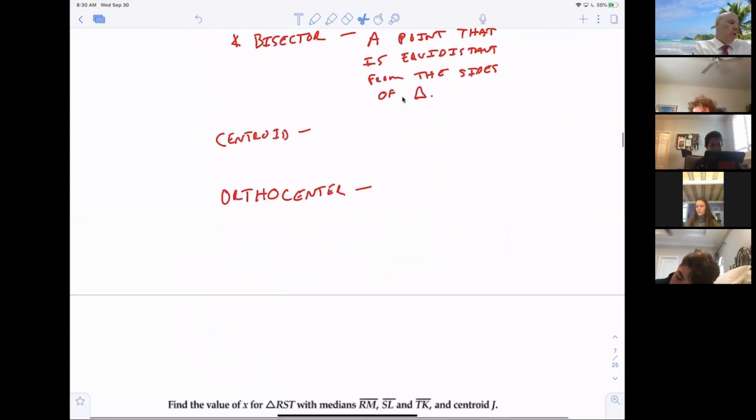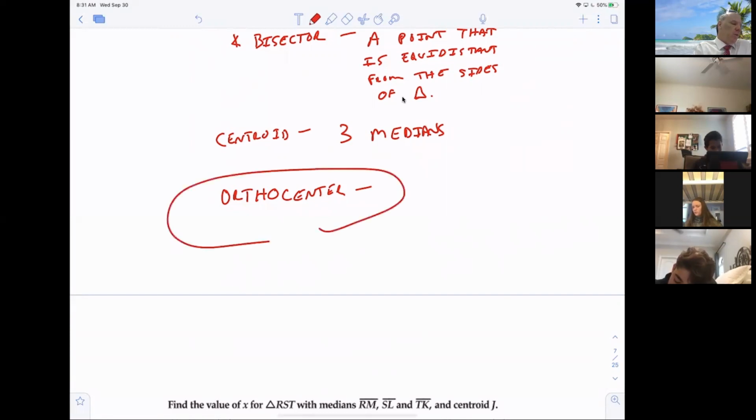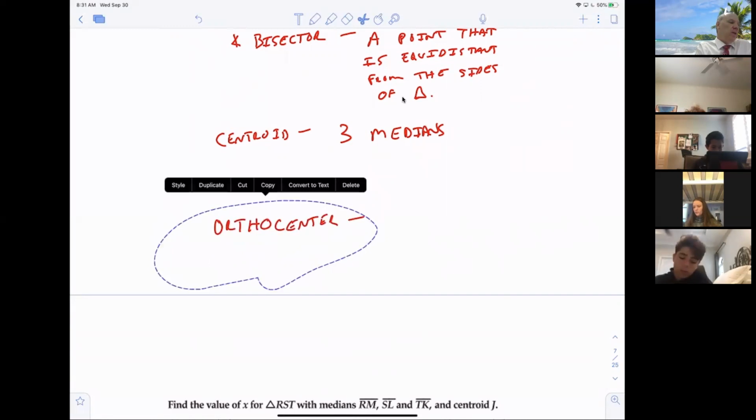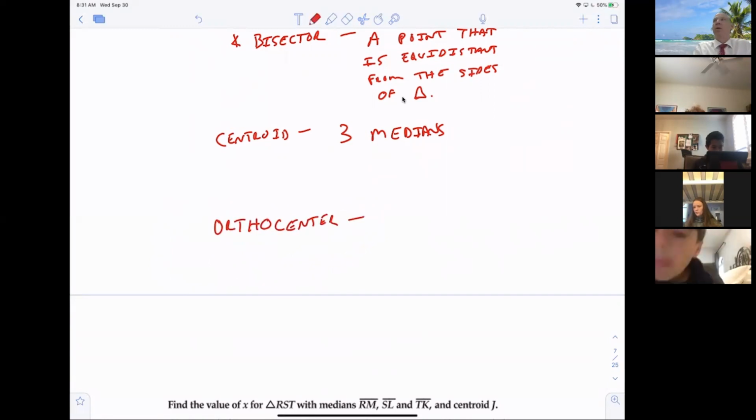All right, centroid was what? Who remembers what that was? Yeah, centroid was the 3 medians. And I almost forgot to tell you what's special about the centroid. Yeah, there's a formula for finding the centroid, which was the average. I'm not arguing with that, but I also forgot to tell you this. What was nice about the centroid? Very good.